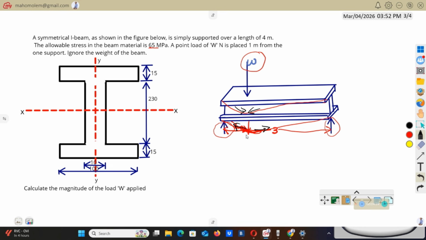This tension here and the compression there will be the product of bending. If this thing doesn't bend, it won't stretch. That's why we're going to call the stress that will occur there and there bending stress.